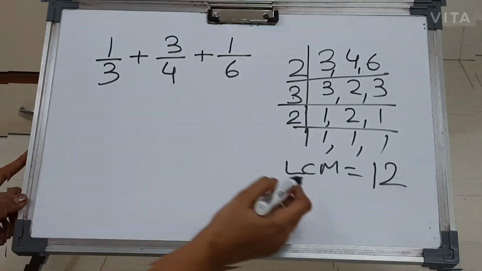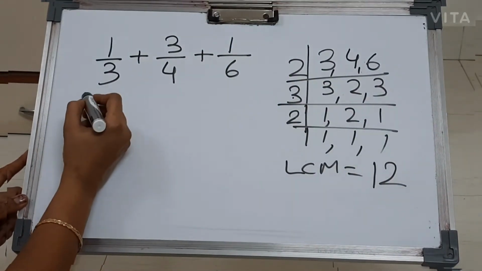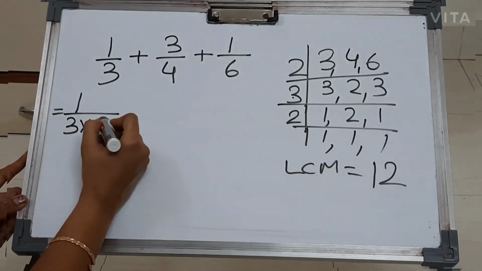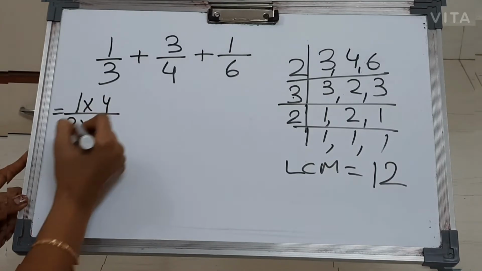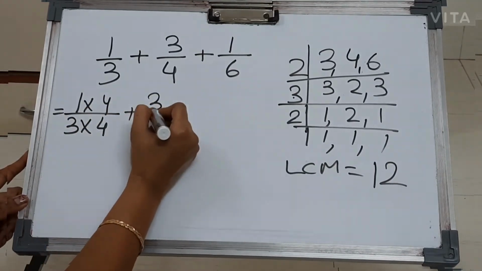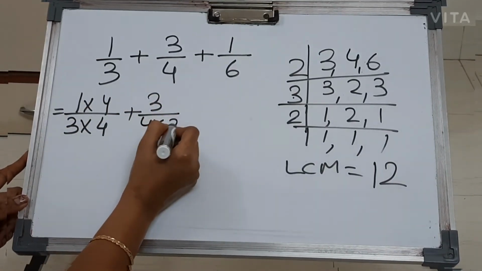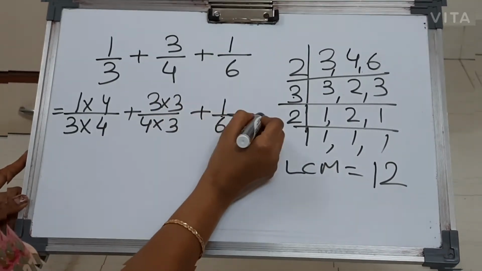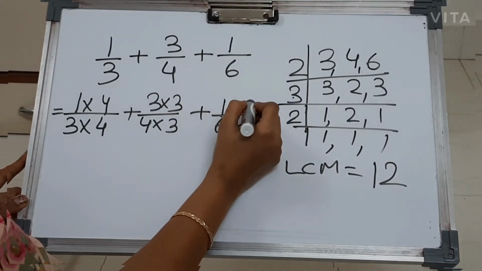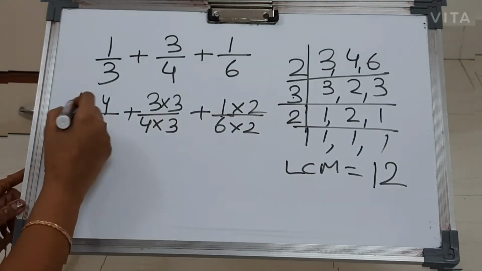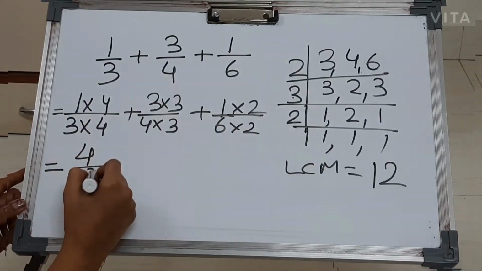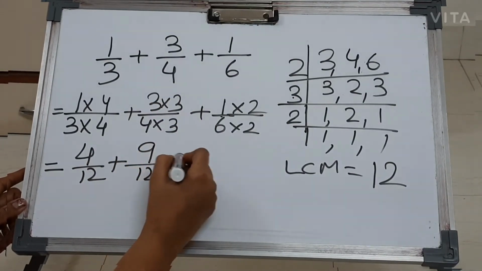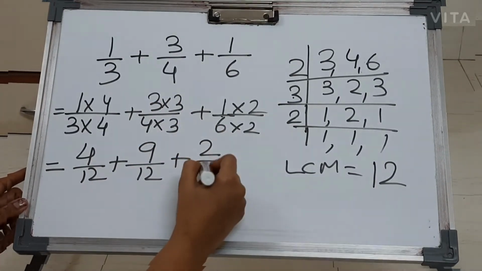Now we have found the LCM, so we make the denominators the same. For 1 by 3, we multiply by 4: 3 4s are 12. Plus 3 by 4, multiply by 3. Plus 1 by 6, multiply by 2. Now we get 4 1s are 4 by 12 plus 3 3s are 9 by 12 plus 2 by 12.